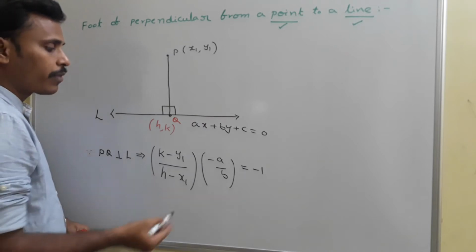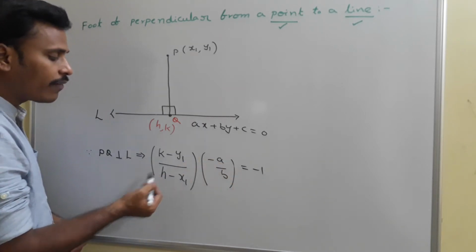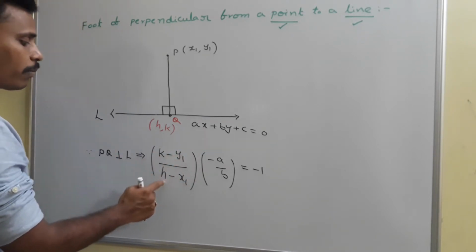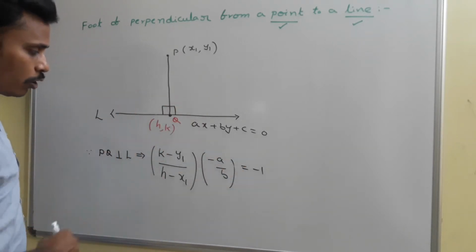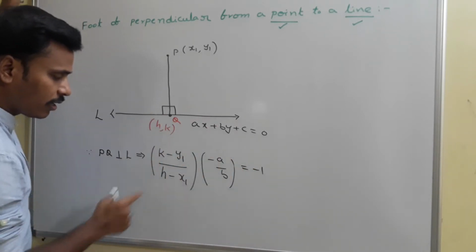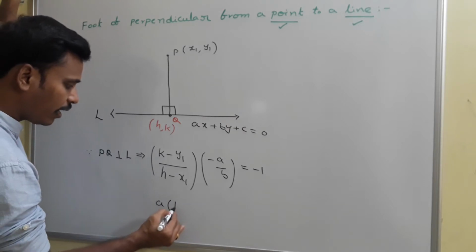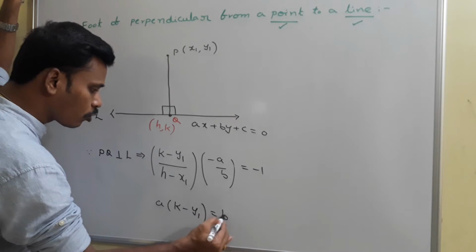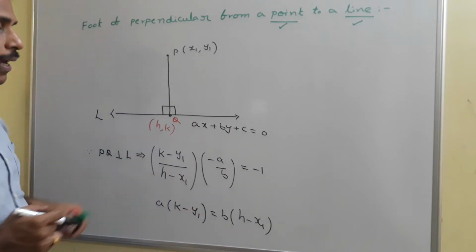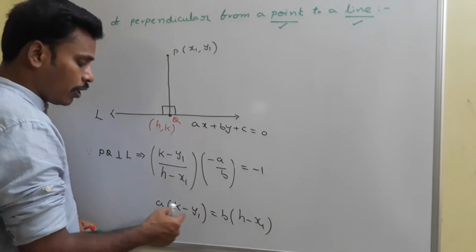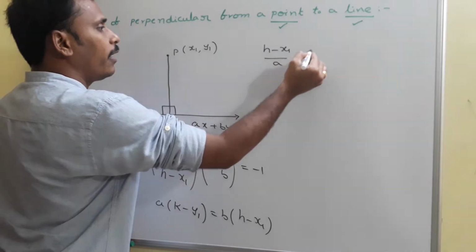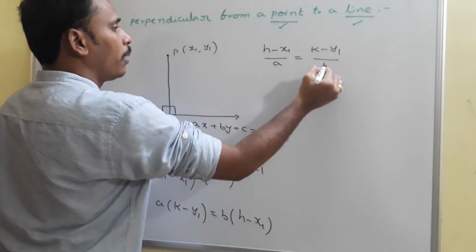Now the minus and minus cancel, and I will rearrange it. (k - y1)/(h - x1) times (-a/b) is equal to -1. Send h - x1 to that side, and a also to that side. I have a(k - y1) = b(h - x1). Cancelling the minus sign, now in the next step you send a to this side and b to this side. It becomes (h - x1)/a = (k - y1)/b.